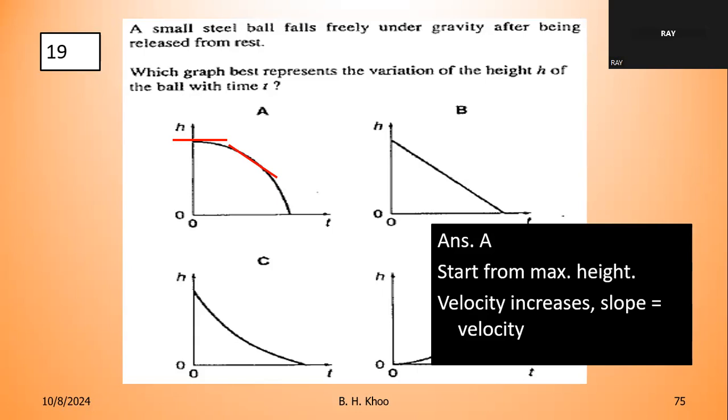So this is a distance-time graph. The speed is obtained from the slope of the tangent to the graph. Initially the tangent is horizontal, 0, then the slope starts to increase more and more.